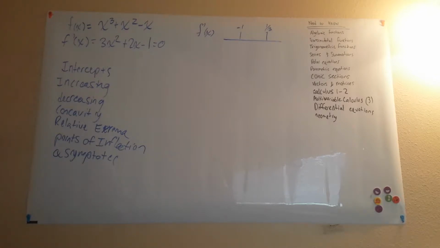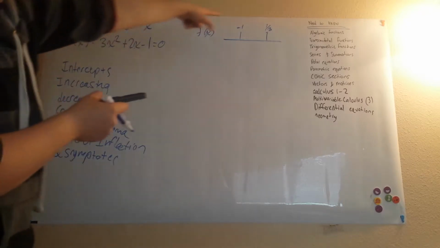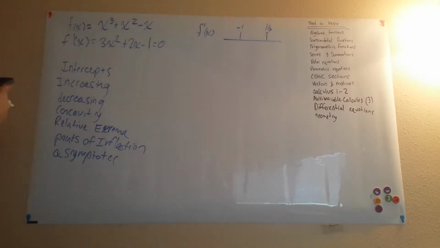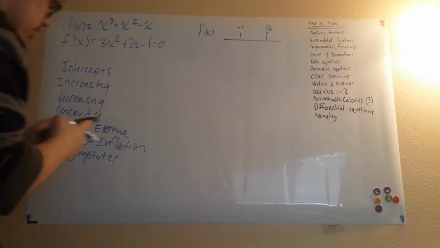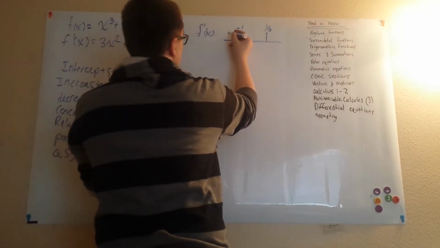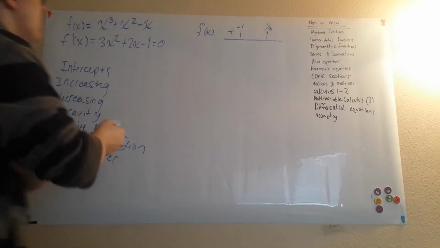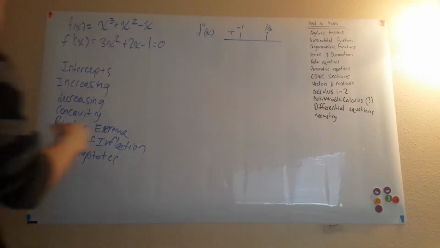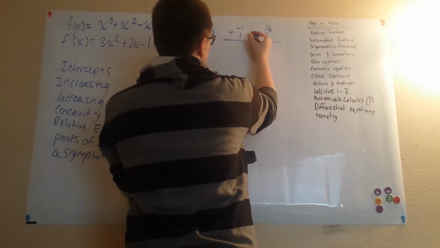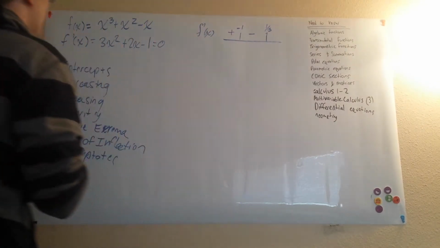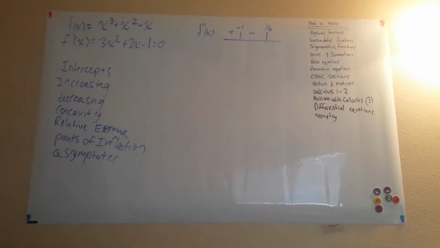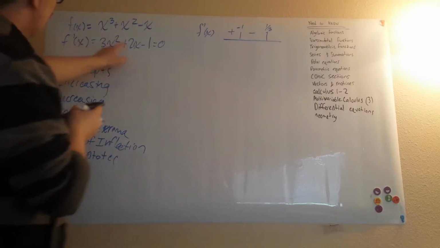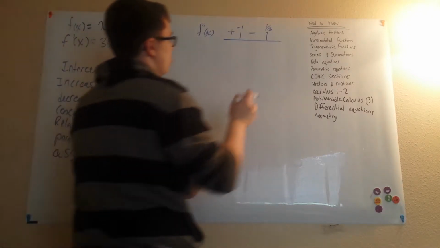So if we plug in -2 into the derivative, to find out the sign, we get a positive number. If we plug in 0 into the derivative, we get a negative number. And if we plug in 1, we get 3 plus 2, which is 5 minus 1, so we get a positive.